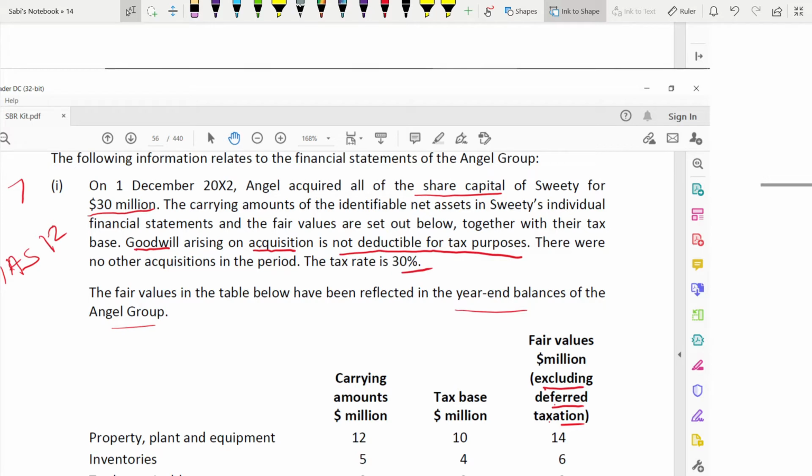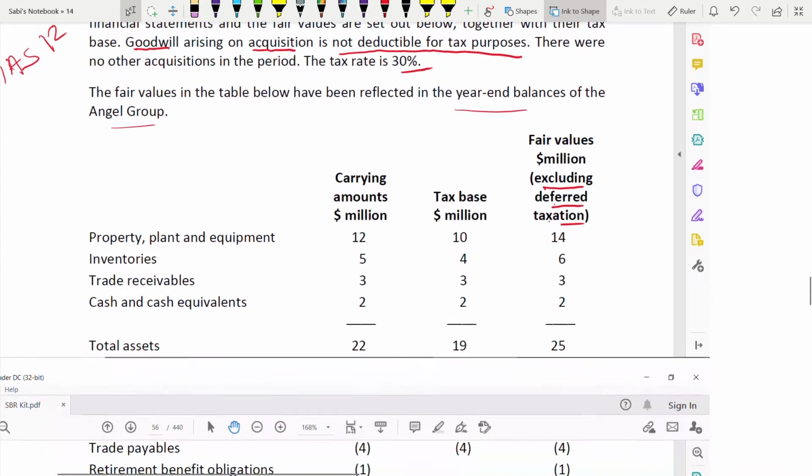It is in the Angel group. That means the subsidiary's portion is also here. The Sweeties portion is also here.